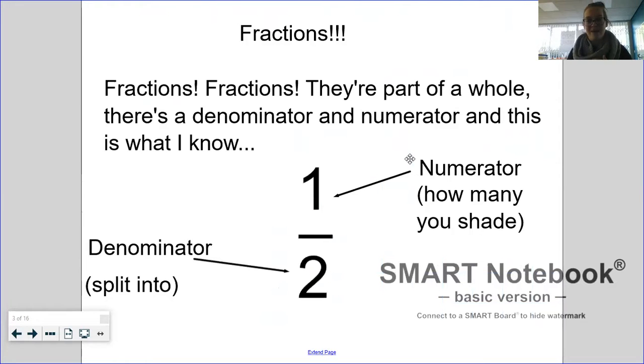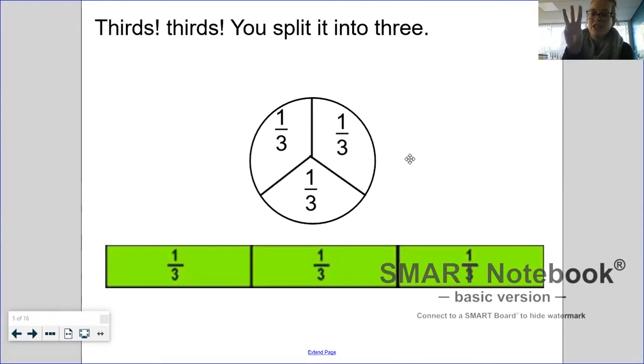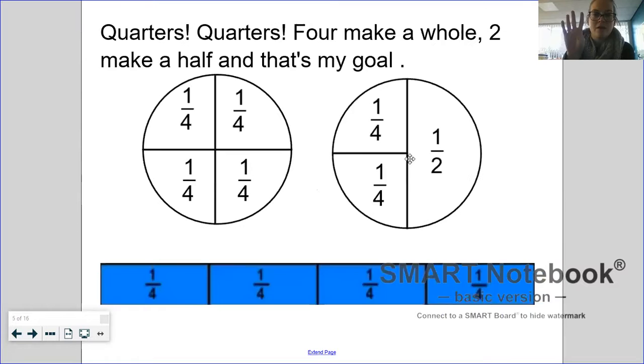So, are we ready? It goes, fractions, they're part of a whole. There's a denominator and numerator, and this is what I know. Half it, you split it into 2. I only want 1, so the other half's for you. Thirds, you split it into 3. Quarters, 4 make a whole, 2 make a half, and that's my goal.